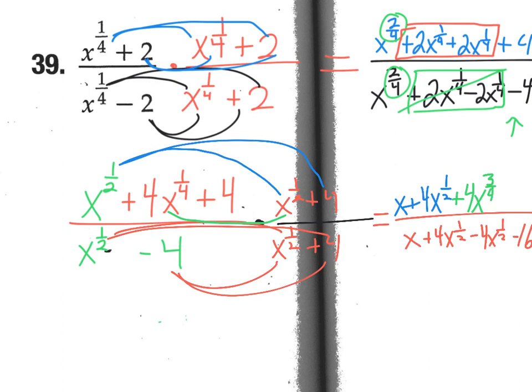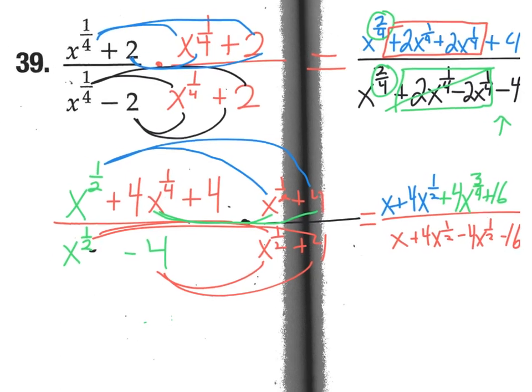The reason is because, like bases, I'm going to add the exponents. My exponents are 1/4 and 1/2, and 1/4 plus 1/2 gives me 3/4. That's how I got this one right here. So hopefully you remember how to add fractions. And then I get plus 16.